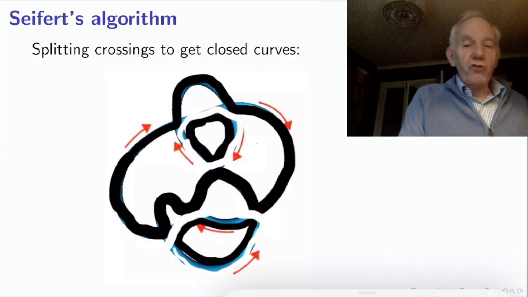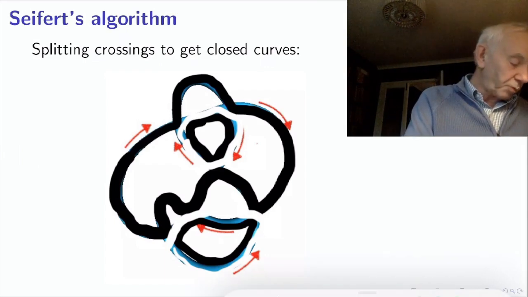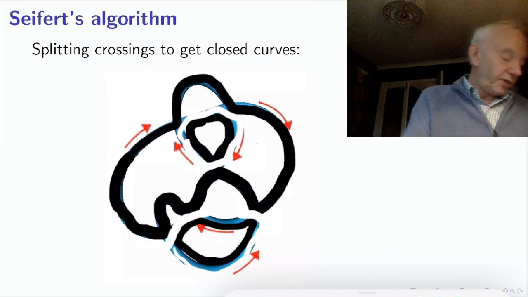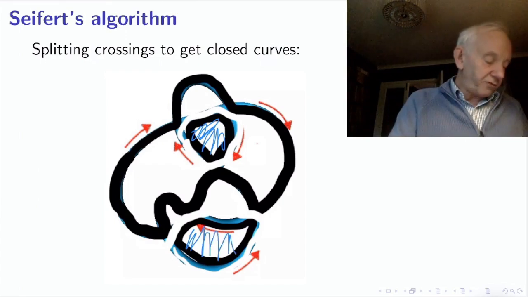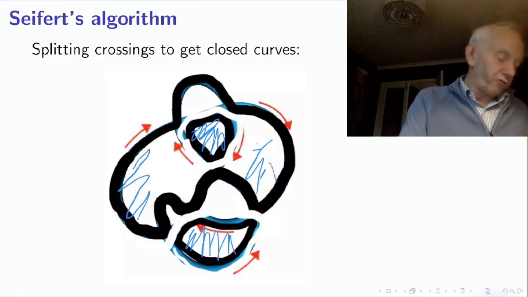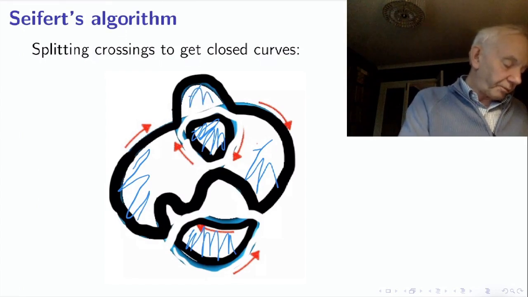So remember, each crossing... this is going to become 1 disk here, this is going to become another disk, and then the big closed curve is going to become a 3rd disk, which contains the first one. And then for each crossing, I have to join these disks by sort of twisted bands. You'll see a picture in a moment.